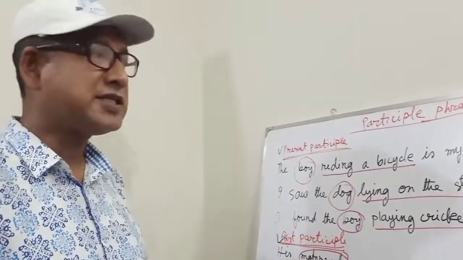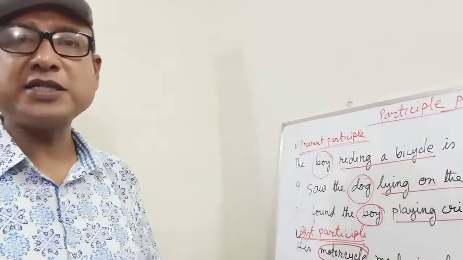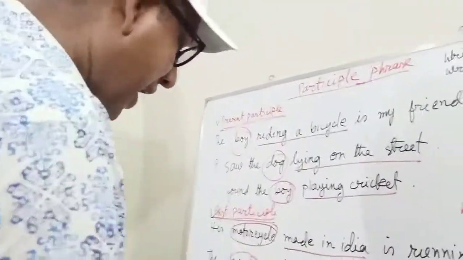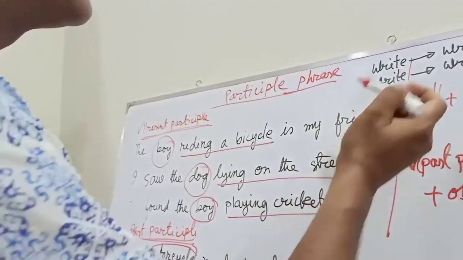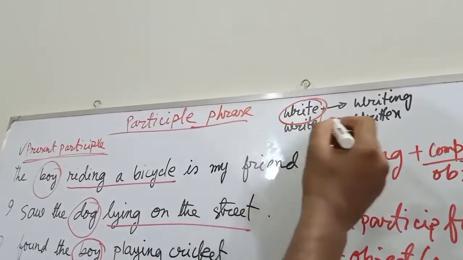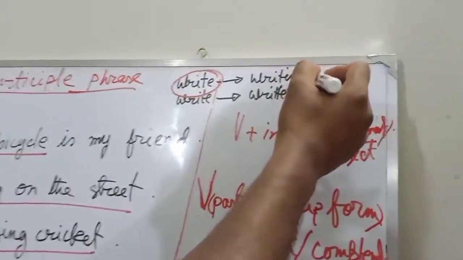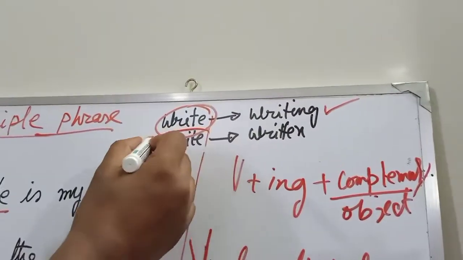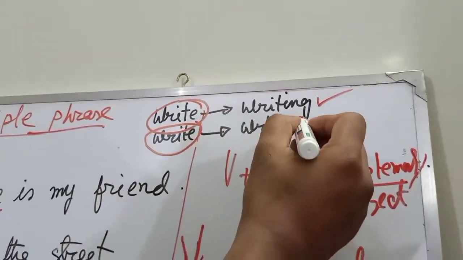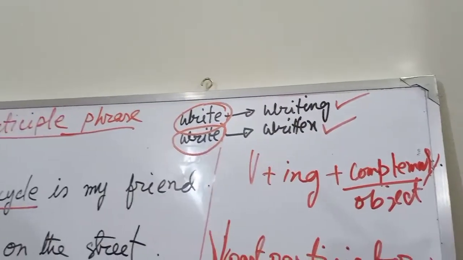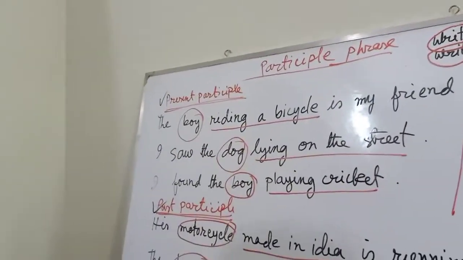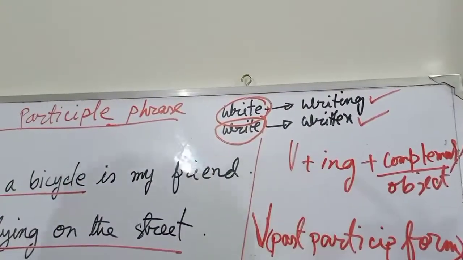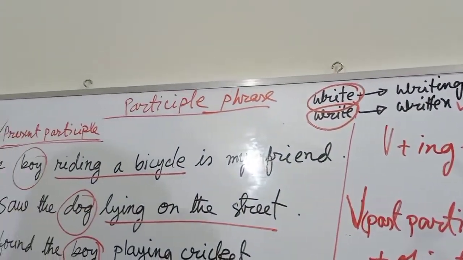And past participle is the past participle form of a verb. Here, if write is a verb, then its present participle is writing. If write is a verb, its past participle is written. Past participle and present participle we have learned.